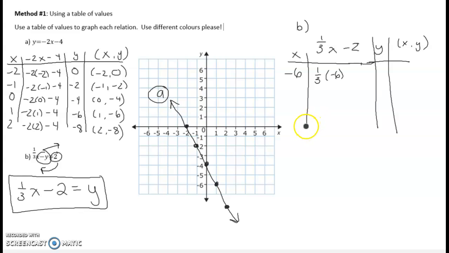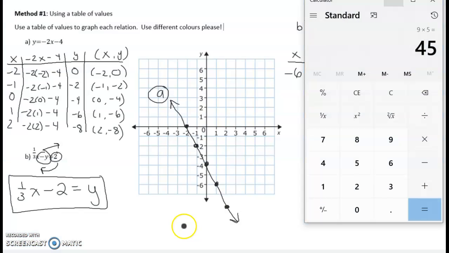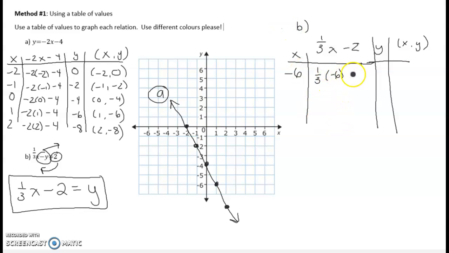So 1/3 times -6 gives me -2, and I'll show you on our calculator. 1 divided by 3 equals, and then times negative 6 gives us -2. So -2 take away 2 gives me -4. So when x is -6, y is -4.